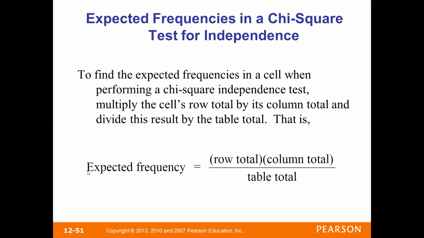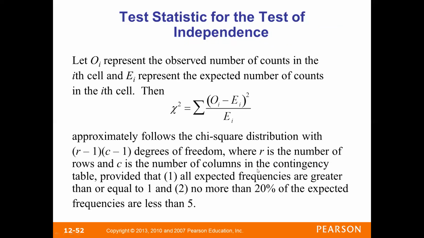The expected frequency is again row total times column total over table total. This is a much easier process than coming up with those relative frequencies and everything. We can then do what we did with the chi-square test of independence. We can see what the difference is between our observed value and our expected value.